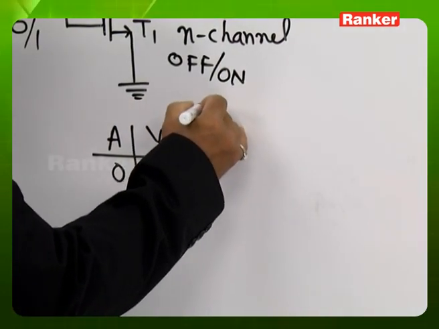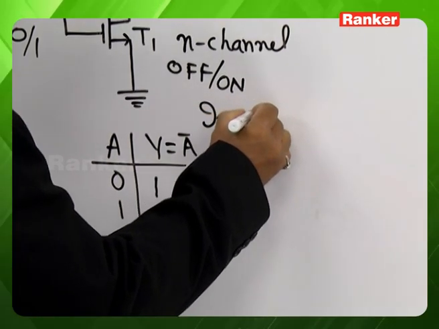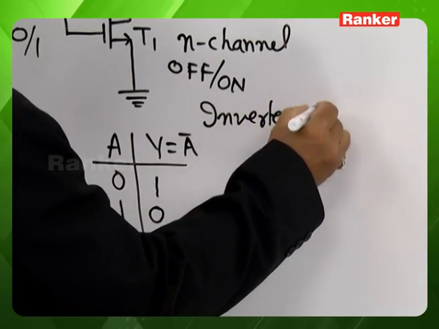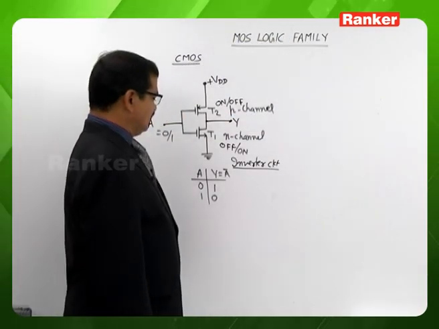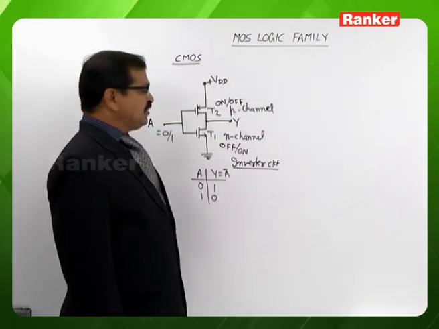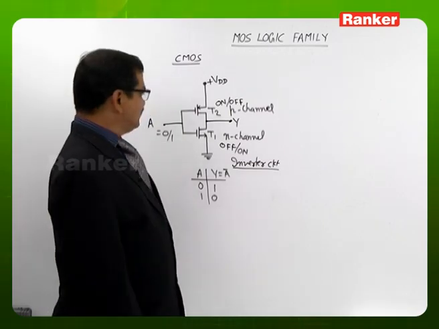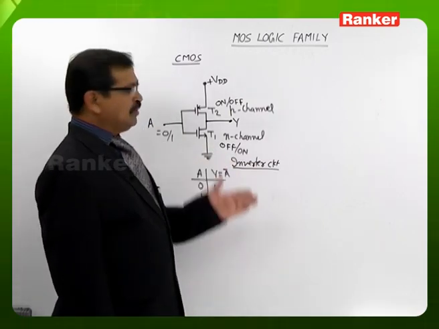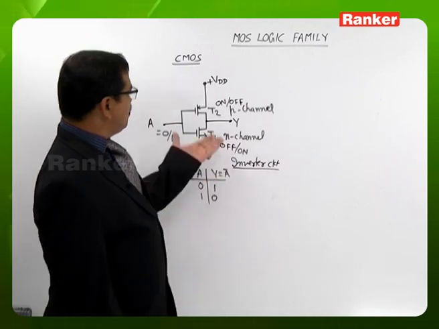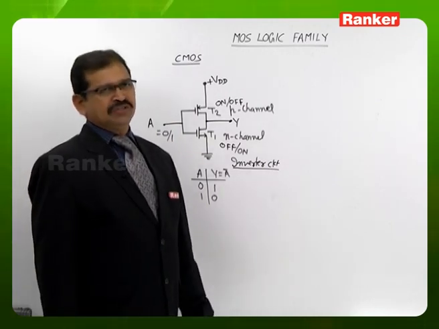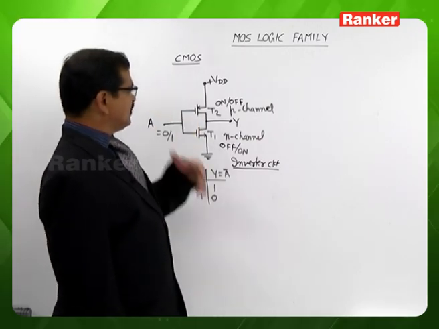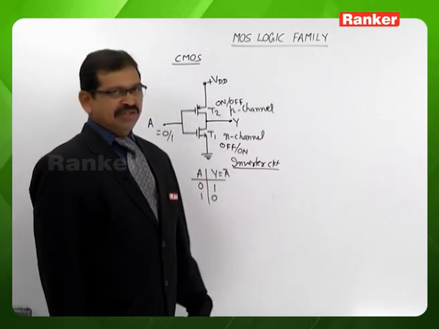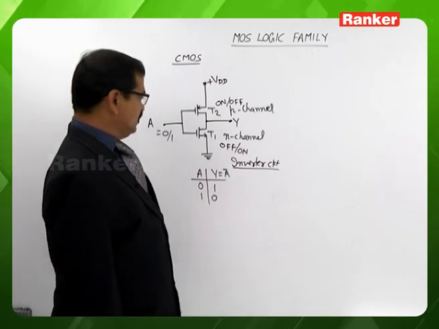Hence, it is an inverter circuit. Here we are having the usage of both N channel and P channel MOSFET. Based on this, we are naming the circuit as a complementary metal oxide semiconductor field effect transistor. So this CMOS circuit is giving the operation as an inverter circuit. It is giving the operation as a NOT gate.